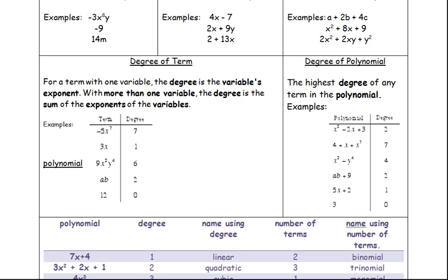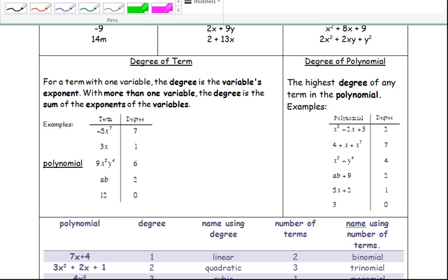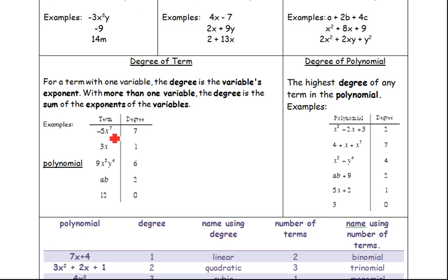So if we look at the first example, 5x to the 7th, we see that the exponent for x is 7, so that means it's a 7th degree. On 3x, we could write an exponent of 1, and it does not change the meaning, so then we have an exponential value of 1.